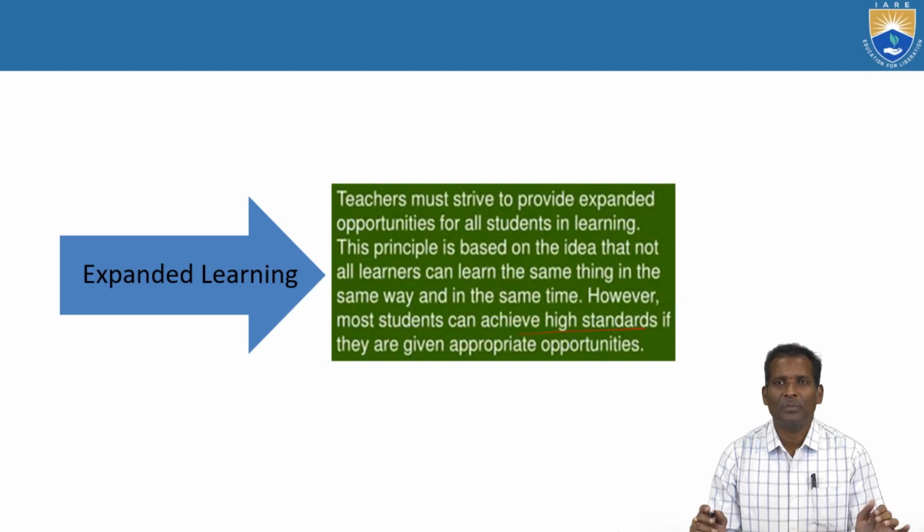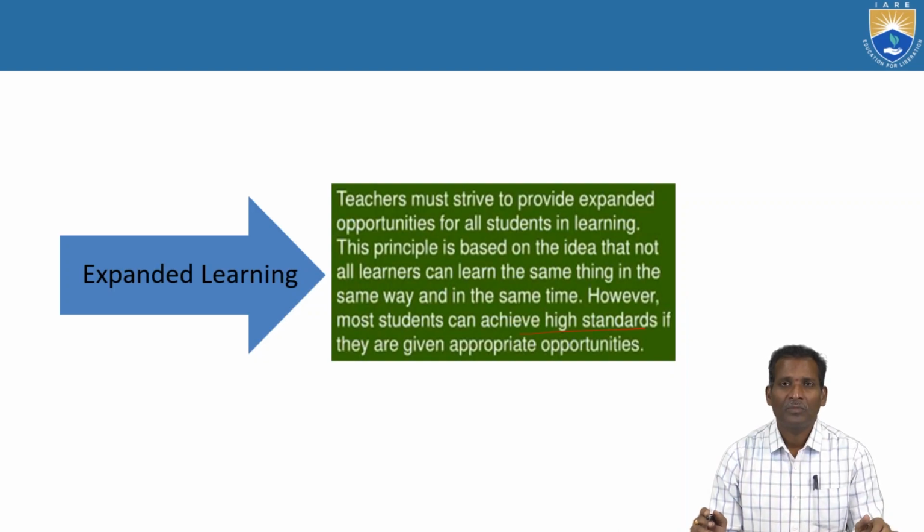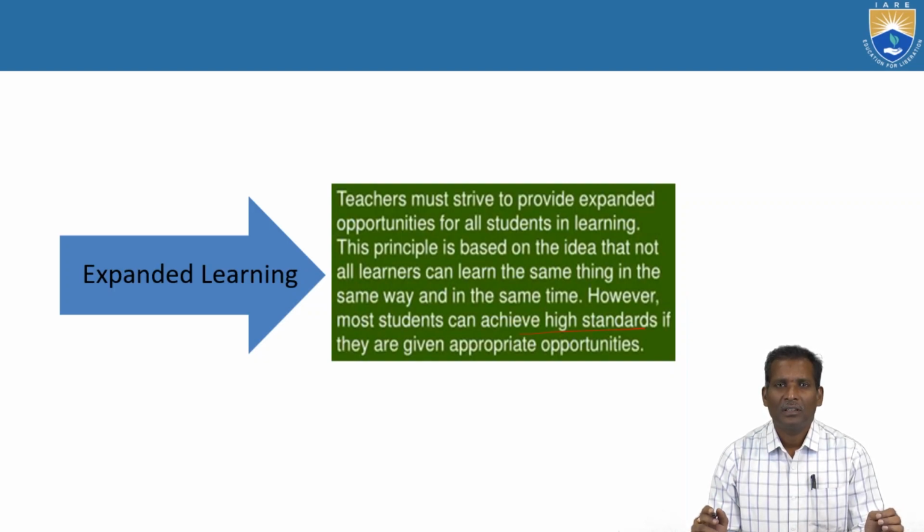This principle is based on the idea that not all learners can learn the same thing in the same way and in the same time. If you give a topic or an assignment to some students, you can't expect the same output from each batch.